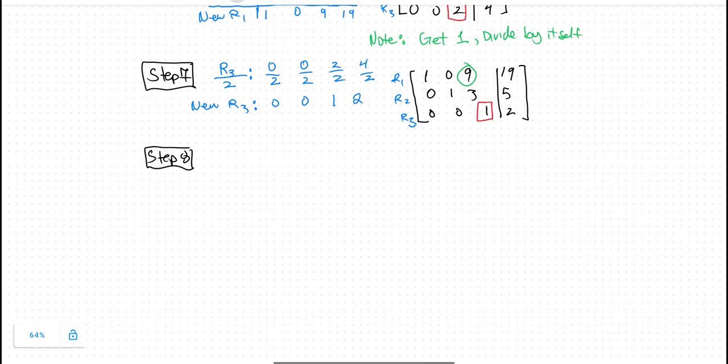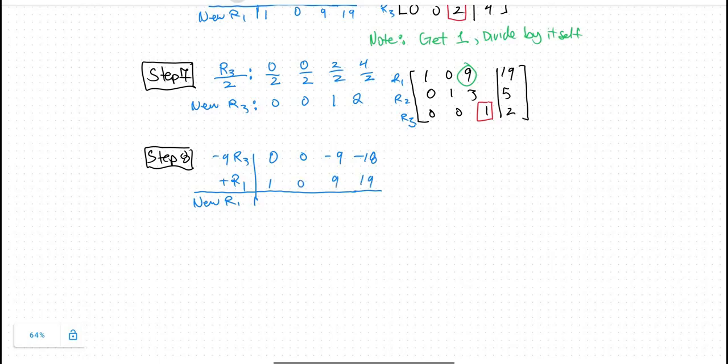All right, so we said negative 9, row 3, plus row 1. That's your new row 1. Okay, so let's multiply. Times the row 3, 0 times negative 9 is 0, times 0, times 1, negative 9, times 2, negative 18. Row 1, bring it over.